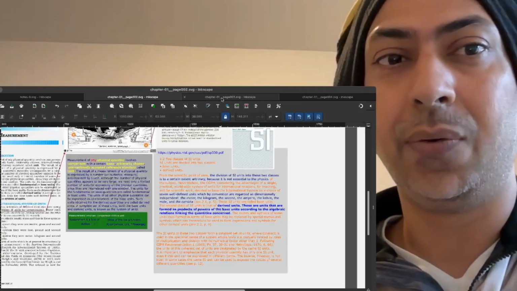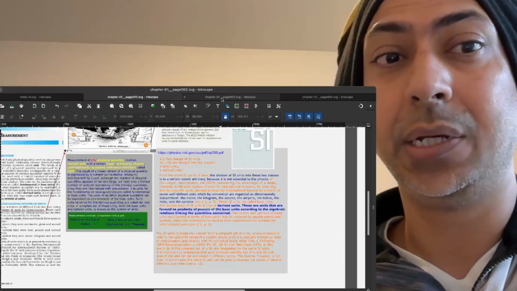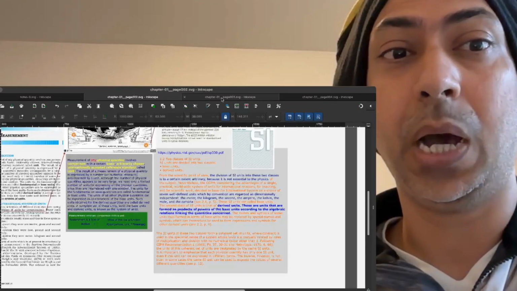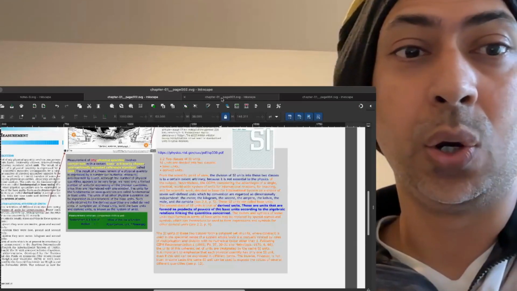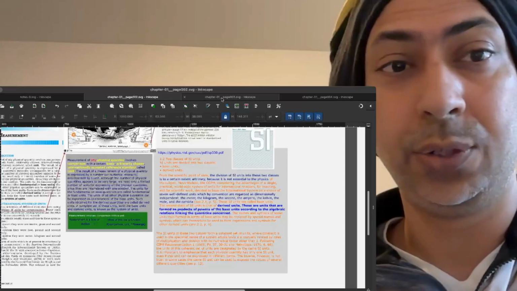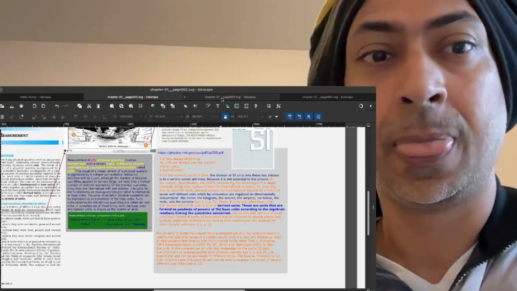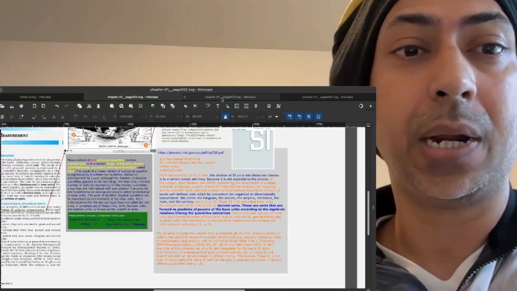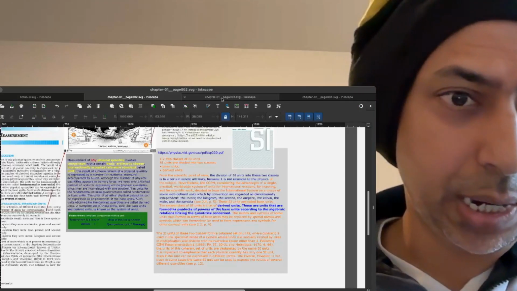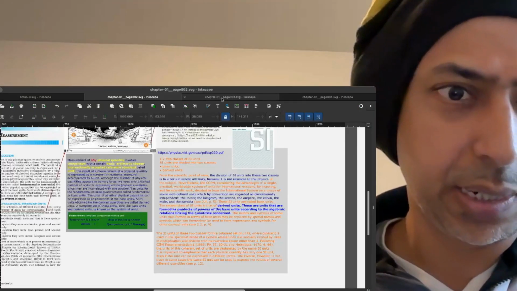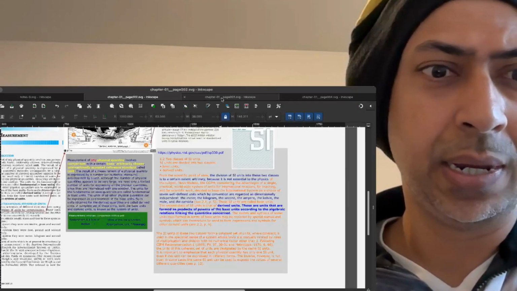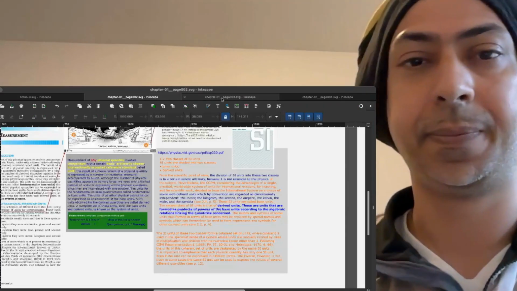So minute, hour, day, year, degree, liter, ton, carat, bar, curie, Roentgen. I do not know how to read that, but I would say it Roentgen. Quintal, barn, hectare, standard atmospheric pressure.